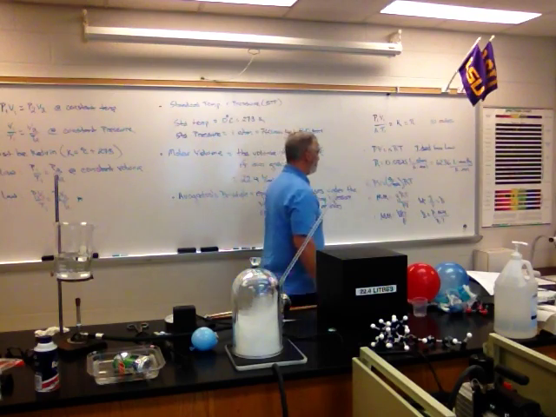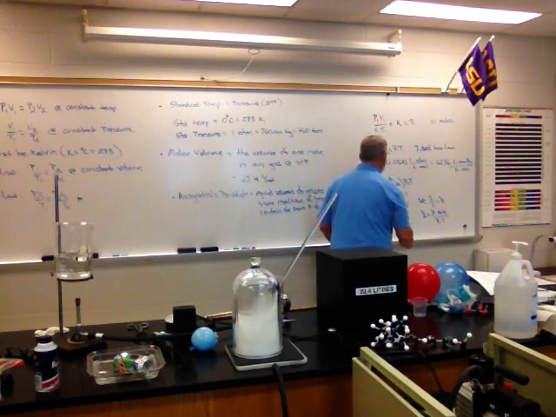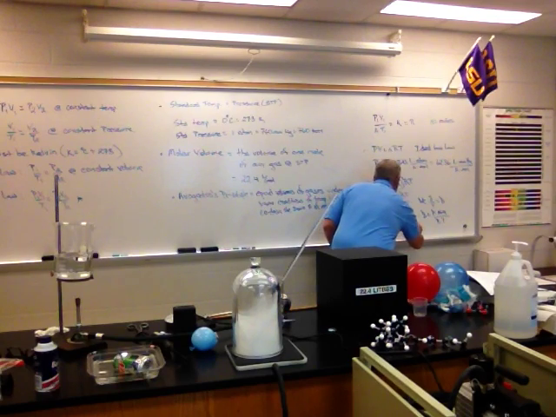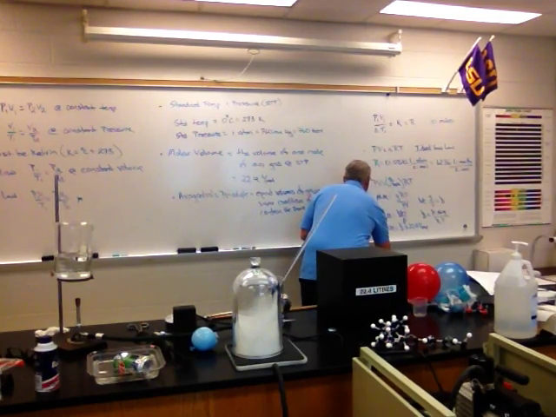Trying to figure out, there's the 22.4. I think the one I wanted was molar mass is density. At STP, the molar mass is density times 22.4 liters per mole. This is at STP.